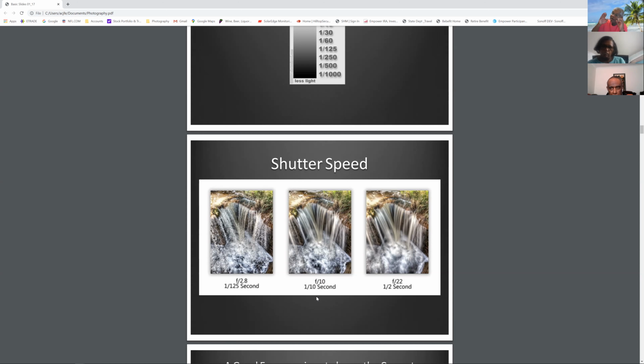But then I have to change the other two to match it, because in the final picture I need the correct exposure. To get it, I have to increase either my ISO or my aperture. Now, if I'm taking a bird, I cannot have only the bird's head in focus; I need the complete bird in focus. So I need some depth of field, and because of that I need to set the aperture pretty high.